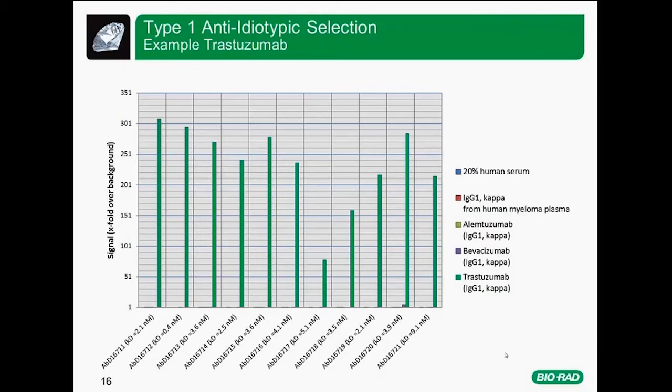All these 11 antibodies are highly specific for Trastuzumab, and they already have quite good affinities in the low nanomolar to even picomolar range. But we still wanted to improve the affinity of the antibodies which performed best in our assays, and those were the 16712 and the 16714.